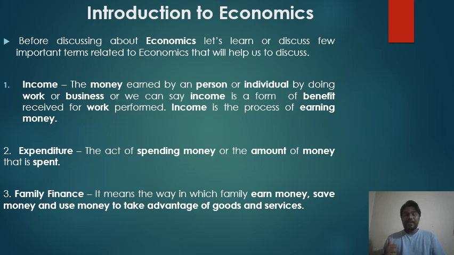Spend money means expenditure, and use money means expenditure, and save also. Save, then spend, and then earn. So family finance means the total income of the family. It starts from earning money, saving money, and using money for their daily needs and wants.